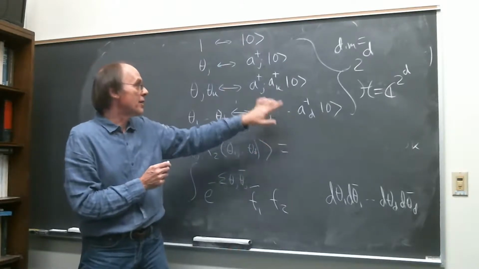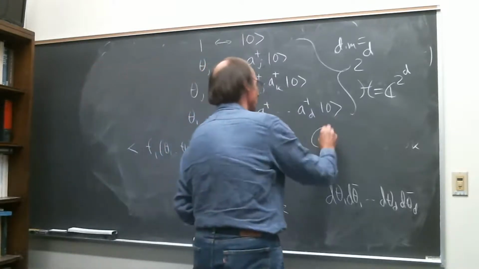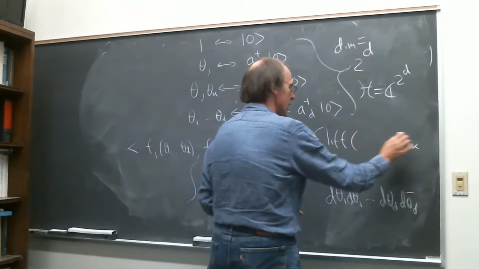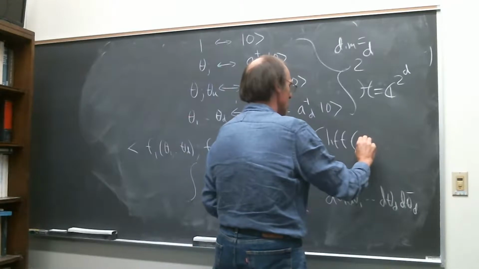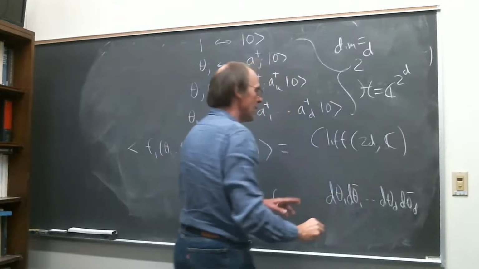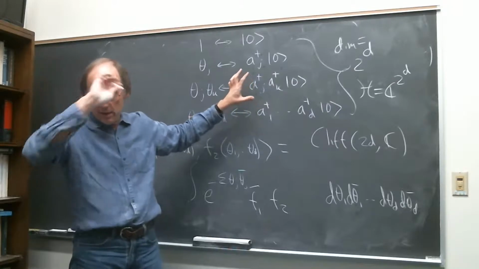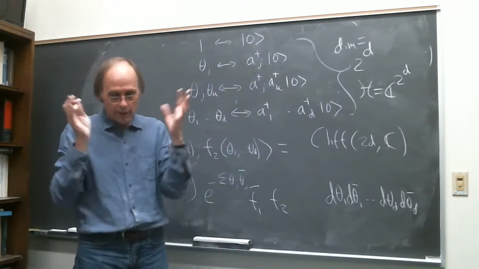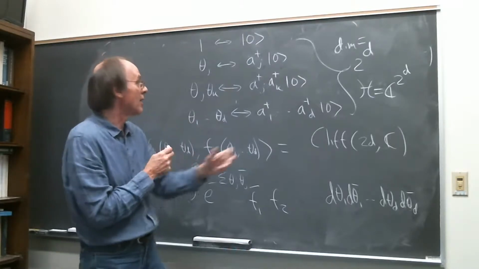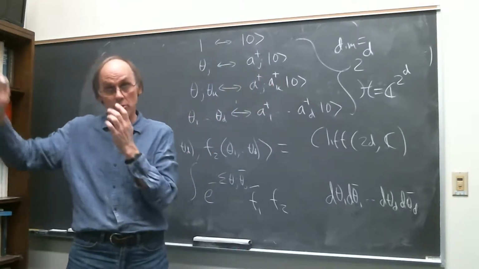Remember, I defined the Clifford algebra in 2d dimensions over C by writing certain combinations of these guys and the annihilation operators and calling them the gamma, saying that I was looking for the P and Q operators, and then looking at their commutation relations, and then defining the Clifford algebra as the thing with those commutation relations.